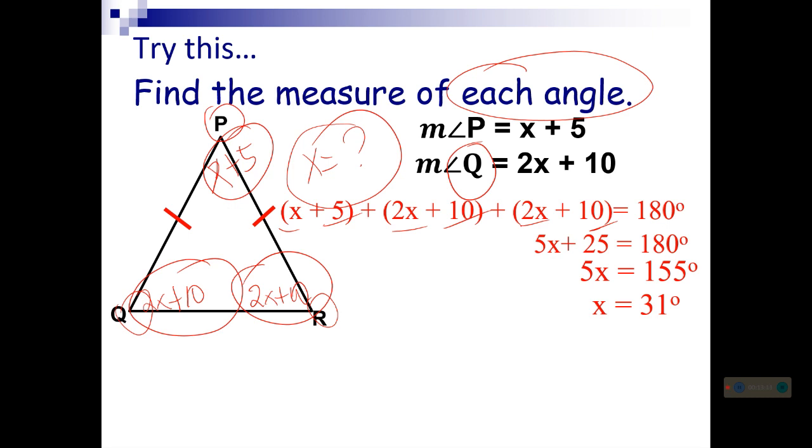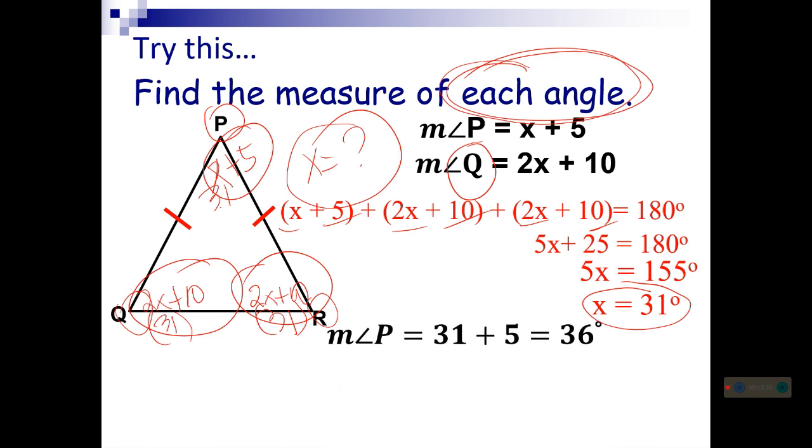Okay? So since we now have the value of x, which is 31, for us to find the measure of each angle, you are going to substitute 31 in place of x. So you will have here 31 plus 5 is 36, and that is the measure of angle P. Then we are going to substitute 31 here.